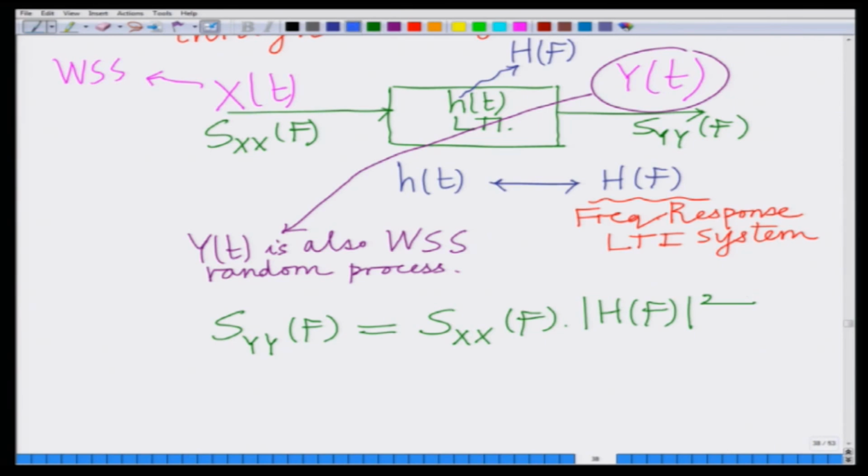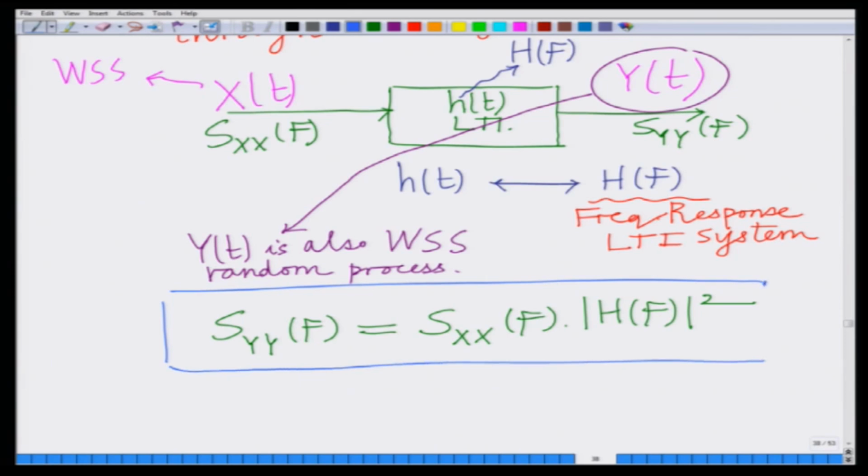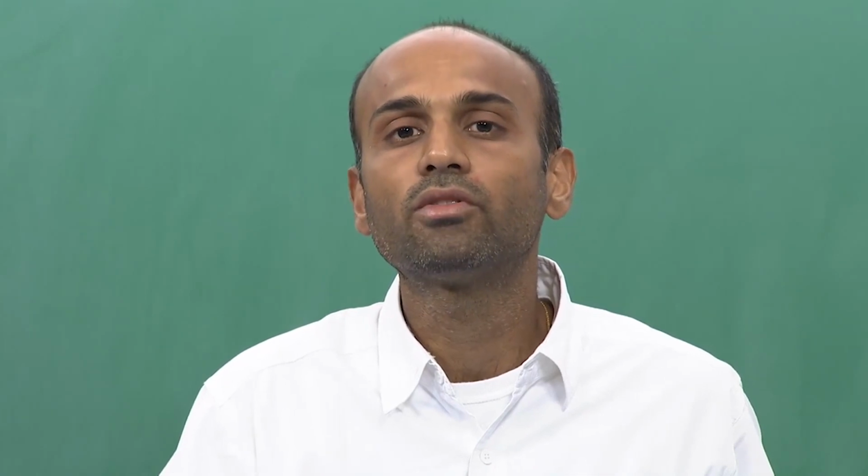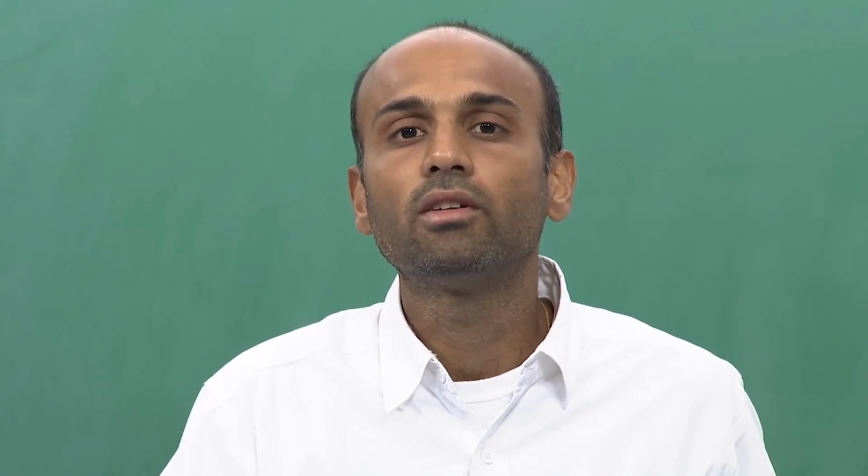This is a very interesting result we had shown, which relates the input power spectral density to the output power spectral density, where H(f) is the frequency response of the system.